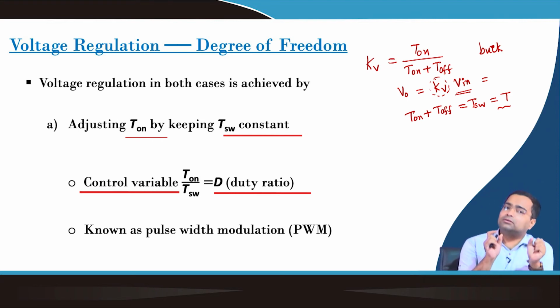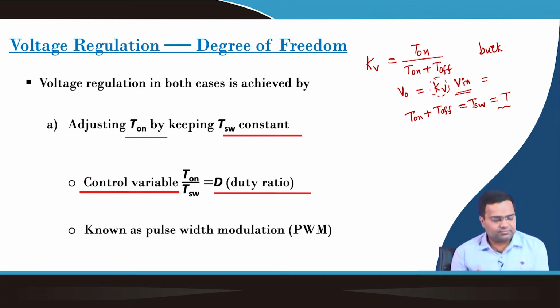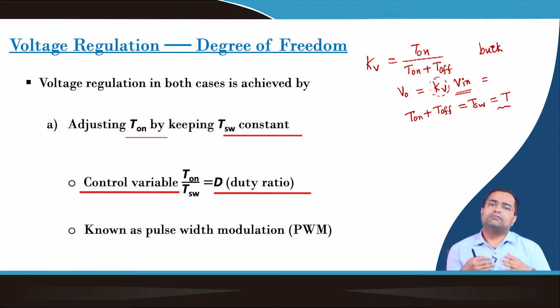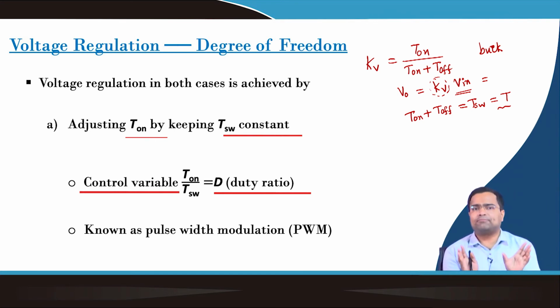Depending upon whether we want to control on time or off time, the architecture differs. Different architectures exist for varying the control variable, whether we want to control the on time, the off time, or sometimes vary both on and off, subject to the total time period being constant.